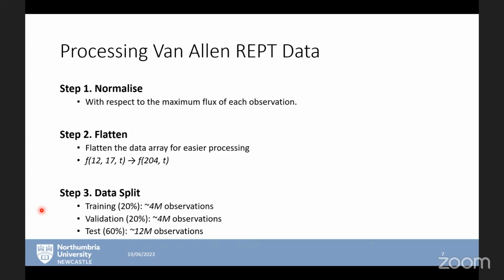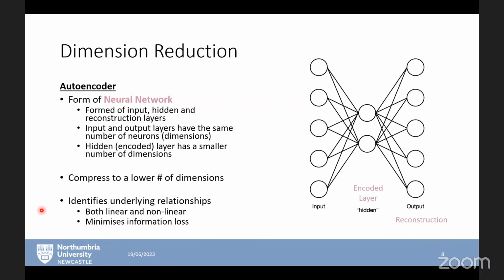Now, 204 dimensions per observation is rather difficult to interpret, so we wanted to reduce the number of dimensions, and to do this we first applied an autoencoder. So an autoencoder is a form of a neural network, and in the case of our study is formed of an input, a hidden encoded layer, and an output reconstruction layer.